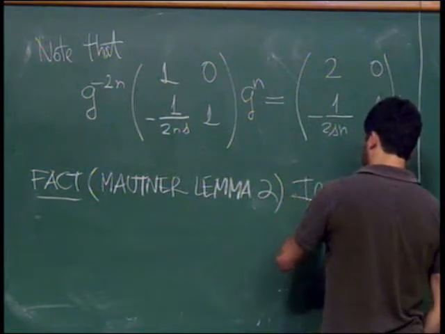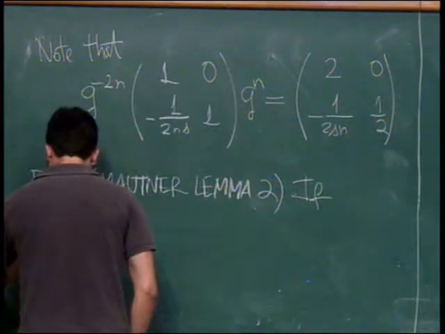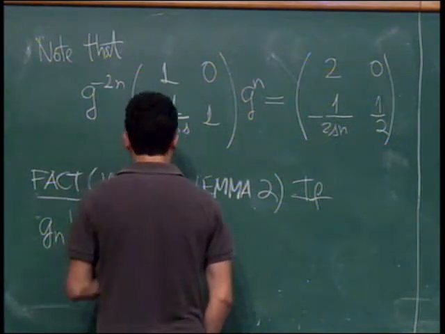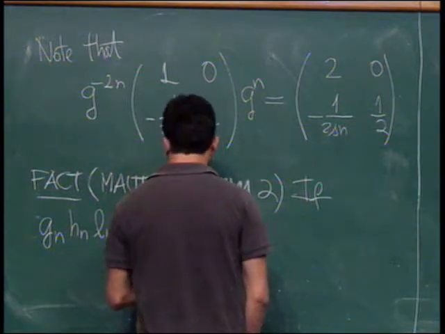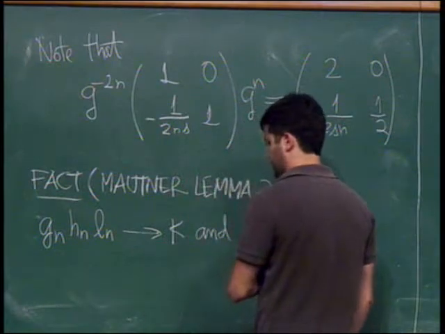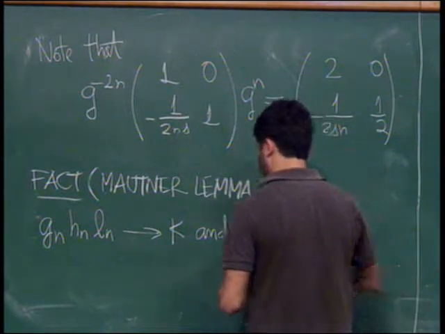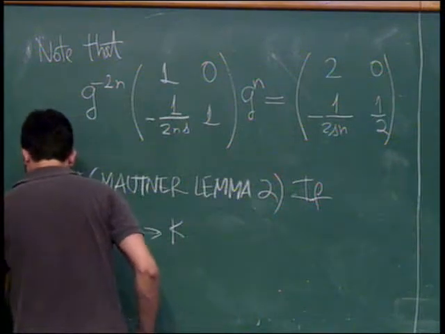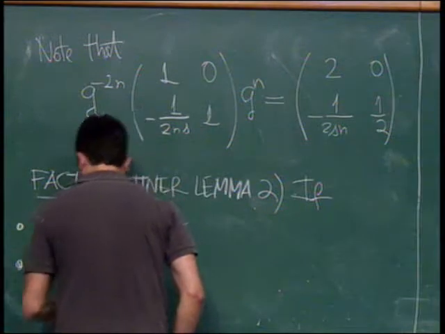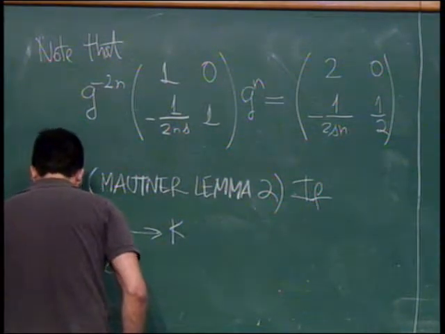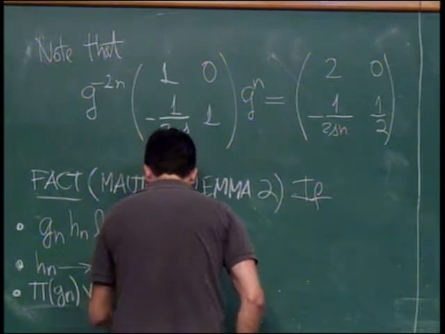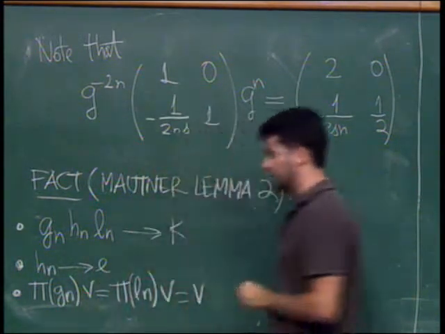If you have Gn, Hn, Ln, and this is converging to an element K, and you assume that several properties hold: first this one, second, that the element in the middle is converging to the identity, third, that pi of Gn at V is equal to pi of Ln at V is equal to V.